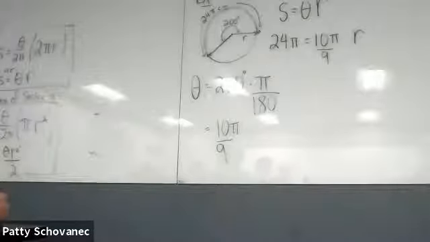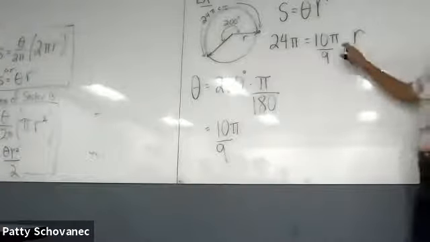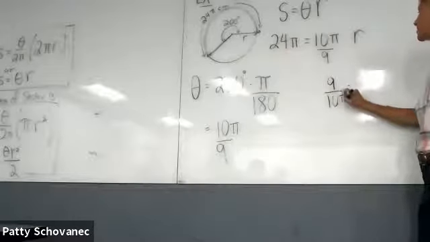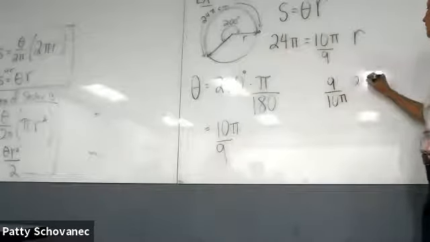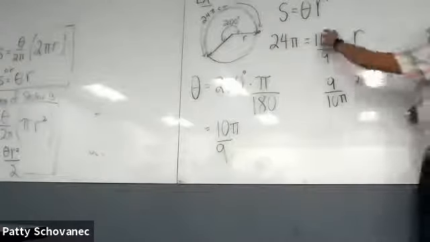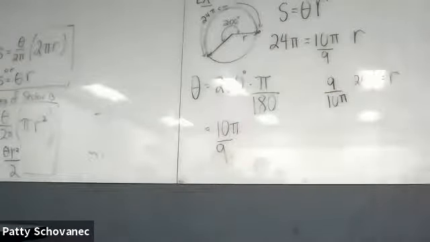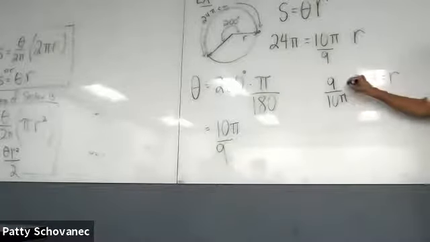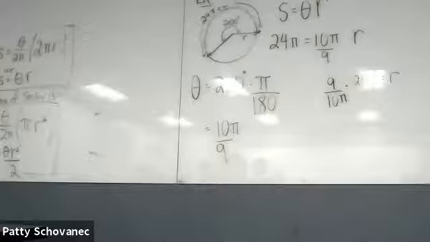So what's next? Take the reciprocal of the radian measure and multiply it by 24 pi. So let's take 9 over 10 pi, that's the reciprocal, times 24 pi. And that's going to be R. In other words, we're dividing by 10 pi over 9, and when you divide by 10 pi over 9, you multiply by the reciprocal. Then simplify by canceling the pi's.